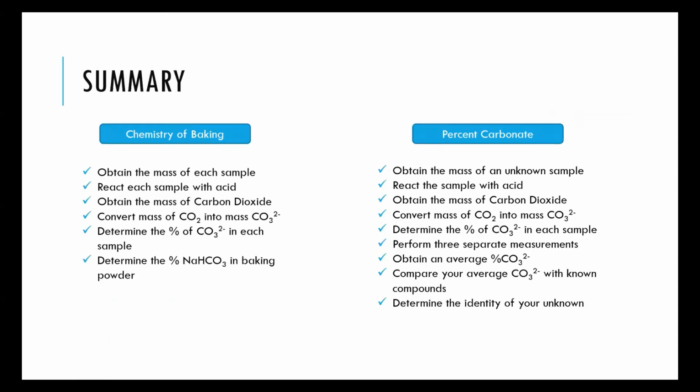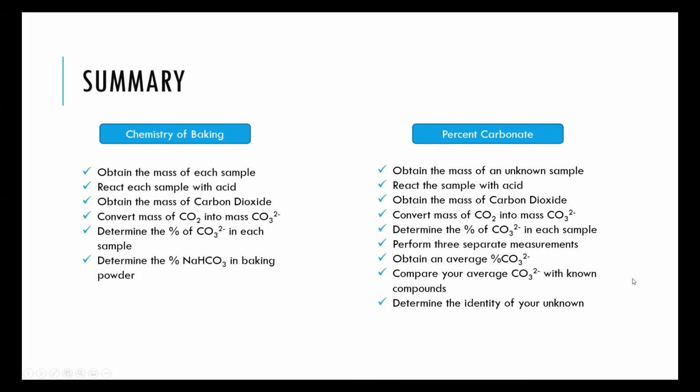So overall, in the experiment, you're looking at performing this reaction a number of different times. You'll look at baking soda once and baking powder once in the first part, looking at the percent carbonate of those 2 components. And with the baking powder, what is the percentage of baking soda, the sodium bicarbonate, that's contained in baking powder.